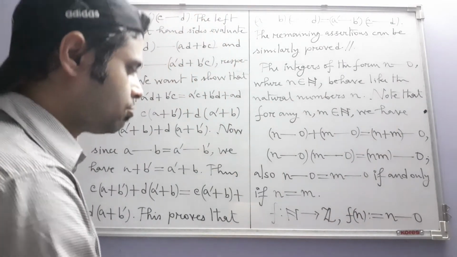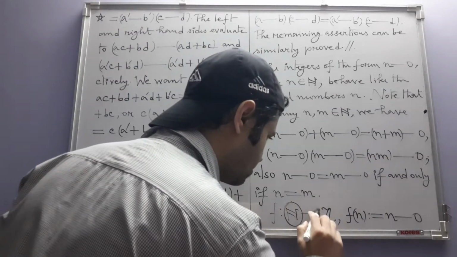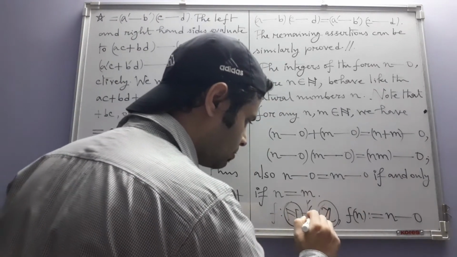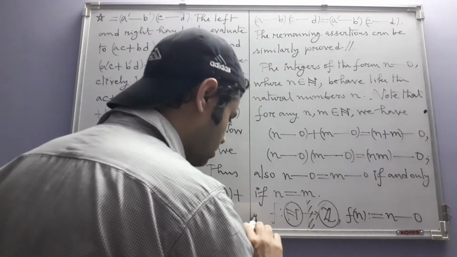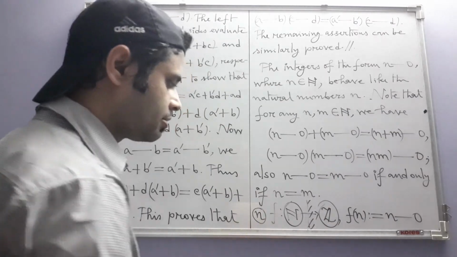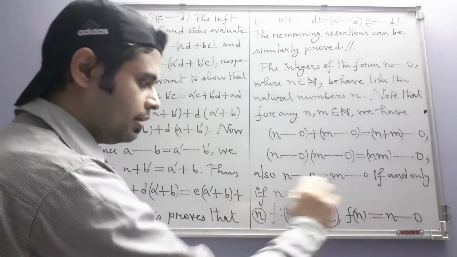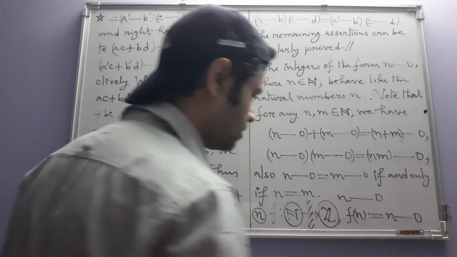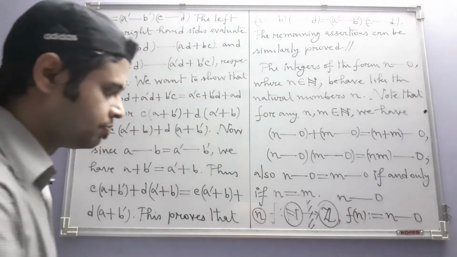It's like two different worlds, and there is a mirror. The object on one side is a natural number and its image on the other side is this integer n dash 0.